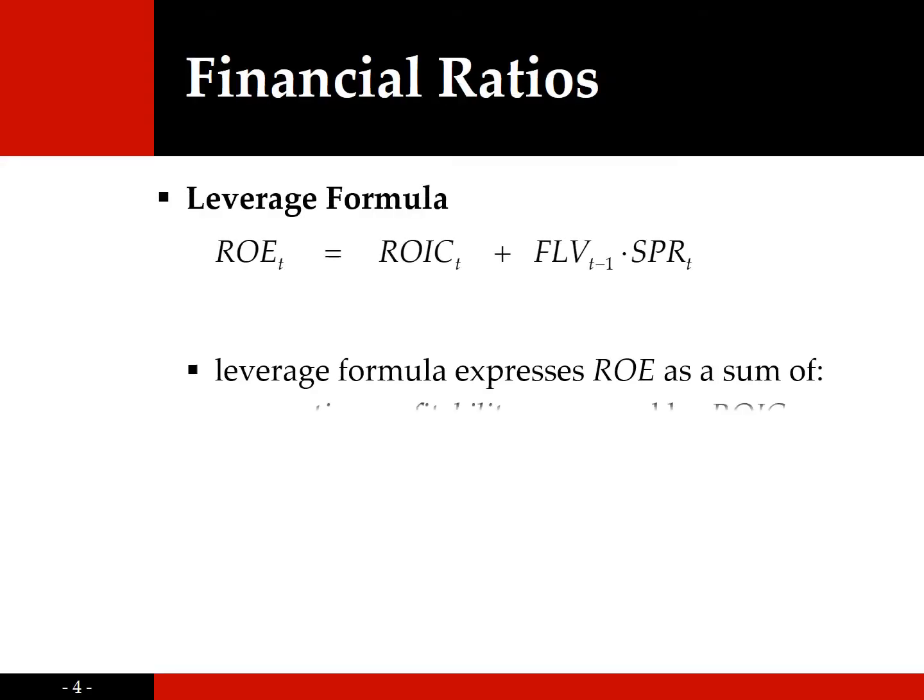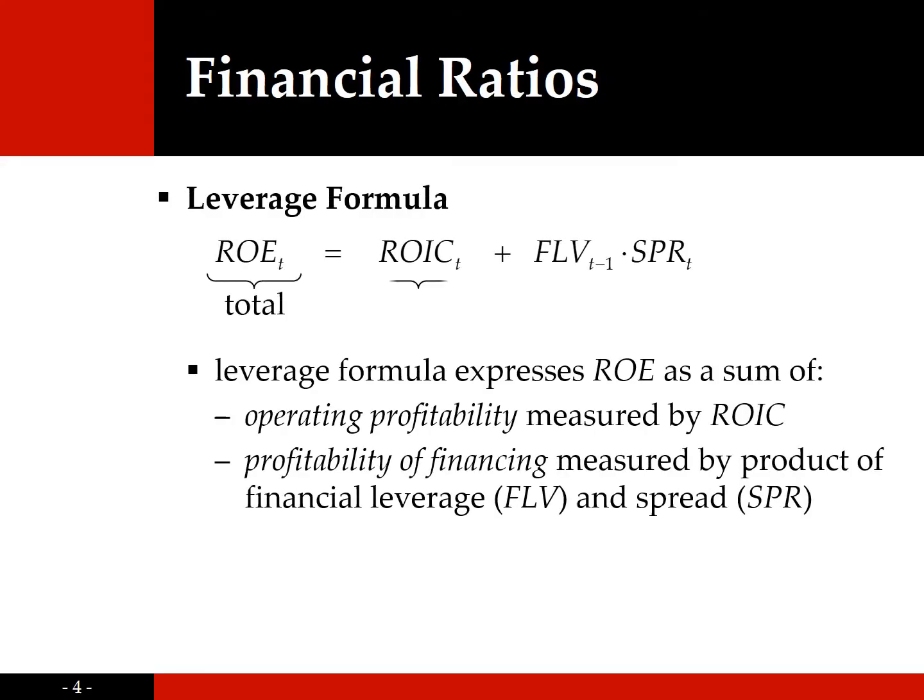Expressing profitability as a rate or a percentage also allows us to decompose it into the individual components or drivers. For example, consider the leverage formula. It decomposes total profitability, ROE, into its operating and financing parts. Now, all four components in this equation are expressed as a percentage.